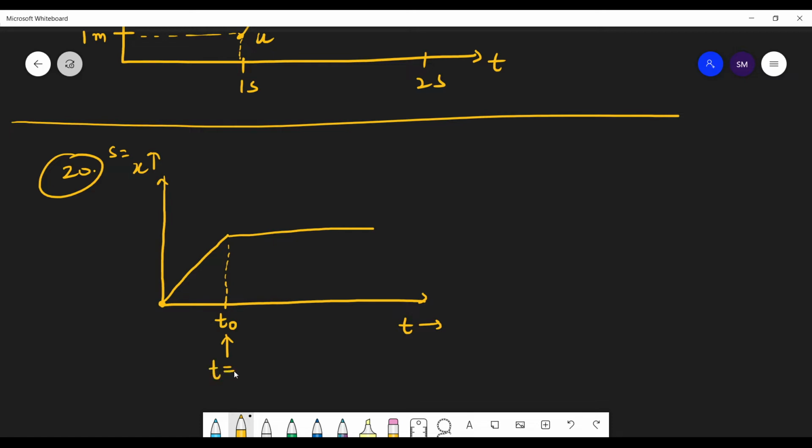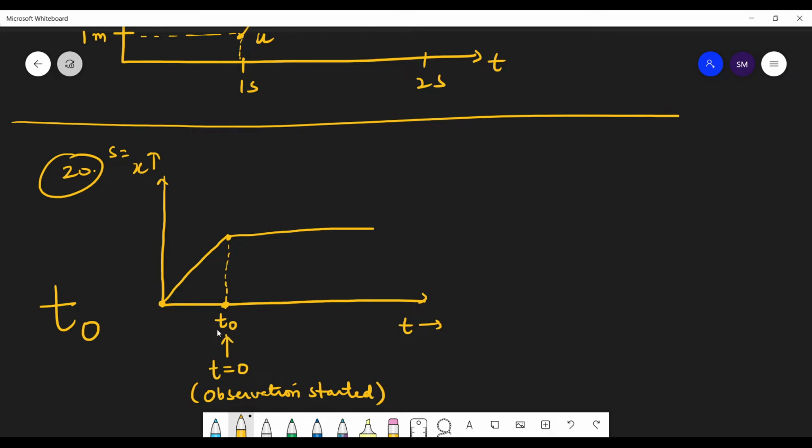T naught means t equals 0. This is where I started observing. Observation starts from this point, so this is t subscript naught, the time t equals 0 where the observation started.